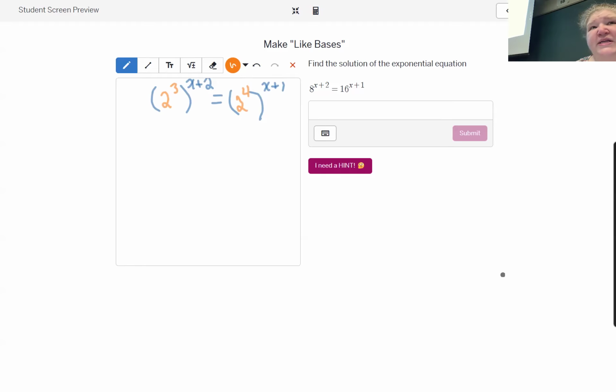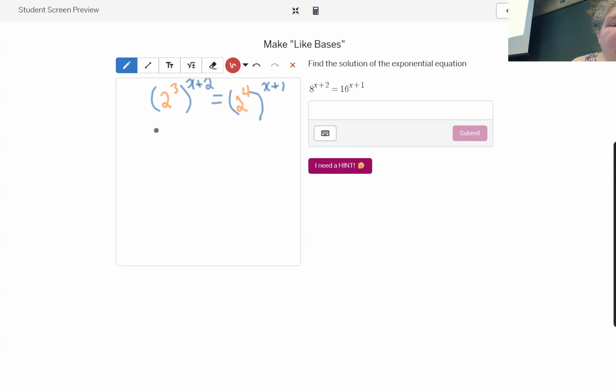So now they're both written in terms of base 2, but it's not 2 to an algebra expression equals 2 to an algebra expression. Right now, I've got 2 to a power to a power. So I need to clean this up before I can use my logarithm to cancel out the base 2's. So when I have 2 to a power to another power, what happens with the powers? Yep, they multiply. I think of it as they're close enough to multiply.